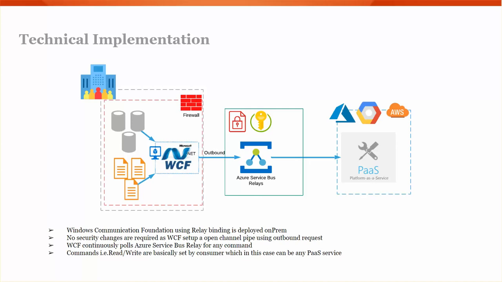One of the very specific bindings which WCF enabled was referred to as NetTCP Relay Binding. Now, the way this relay binding works is, for the specific use case of Azure Service Bus, you create a WCF service, you provide it a relay binding, and when you initiate the service, it tries to get outside using the outbound communication channels available on whatever infrastructure you have executed it on, which might be a VM in most cases.